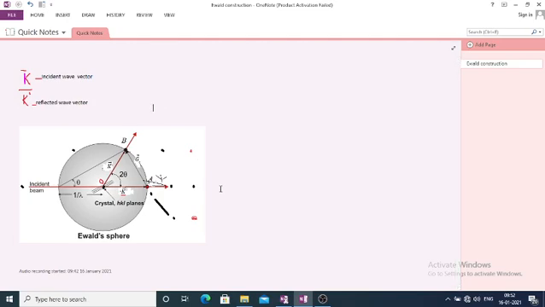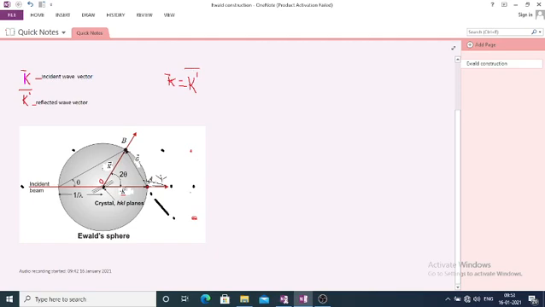Now what happens if the magnitudes of K and K dash, that is, the incident wave vector and the reflected wave vector, are equal?